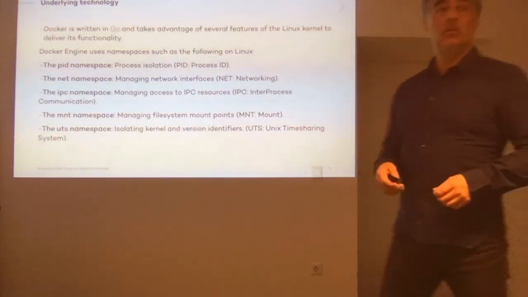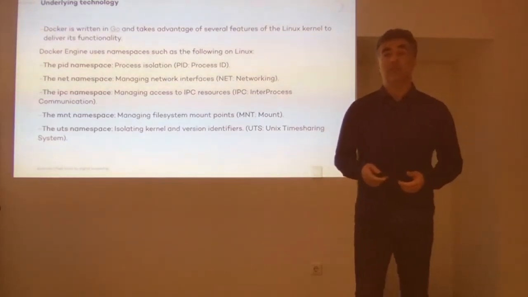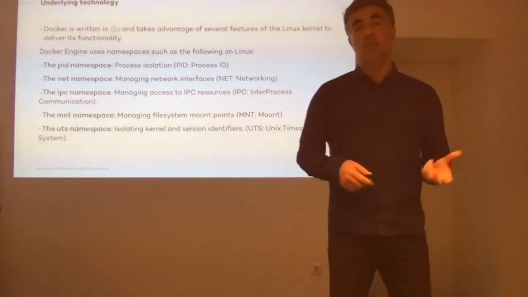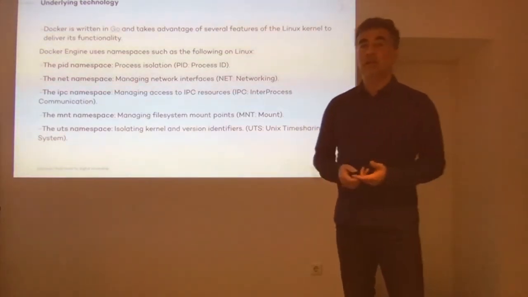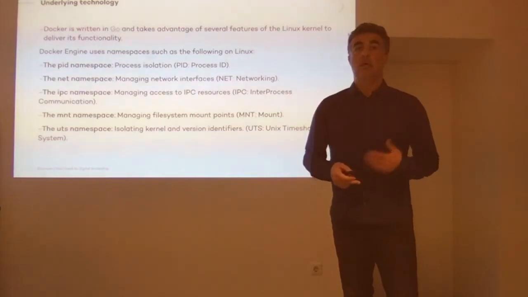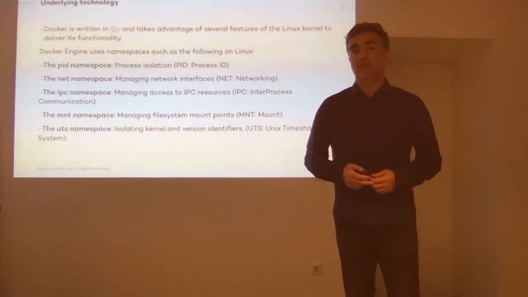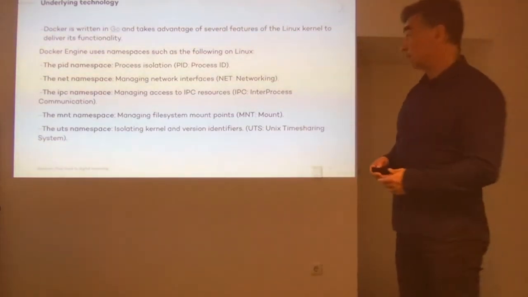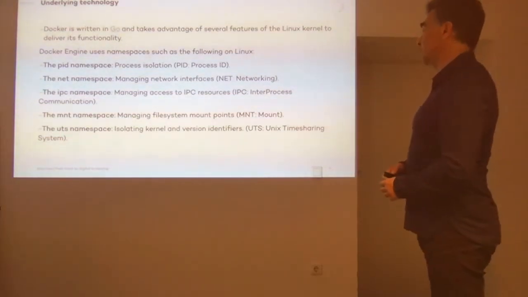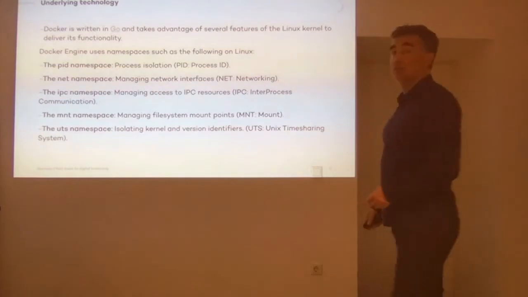So if you're familiar with Linux, it's not much of a challenge to pick up Docker. Even the modules that you download in order to run Docker are directly connected to LVM, logical volume managers, or some sort of interpretation of that, which we're going to cover in a second. And last but not least, the UTS namespace, isolating kernel versions and identifiers, like in the time-sharing system.